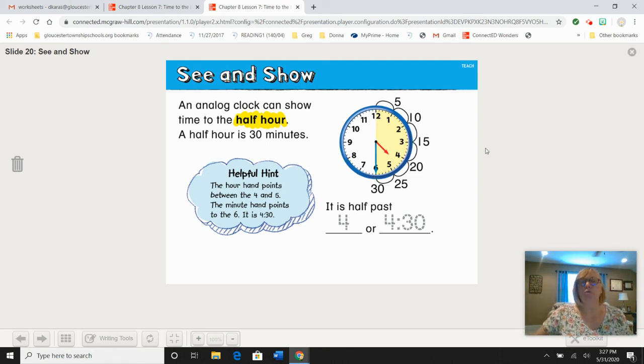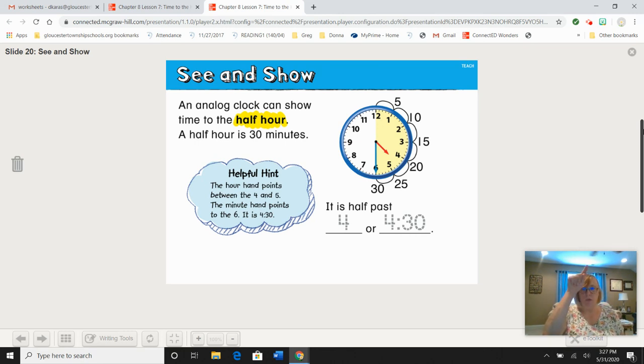So boys and girls, do the best you can with this. Just like I said, half past is showing that the minute hand is going halfway around the clock. If you have a paper plate and you want to try making a clock, that might help you to show you.